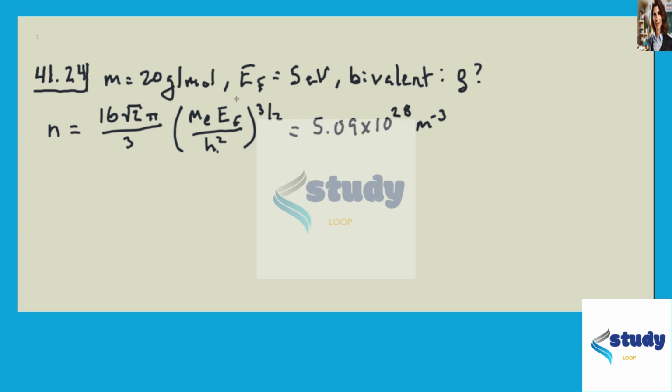We've got the molar mass here, so we might as well figure out its molar density, since that's more convenient. 8.4 times 10 to the 4th moles per cubic meter.